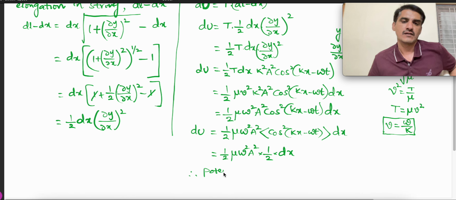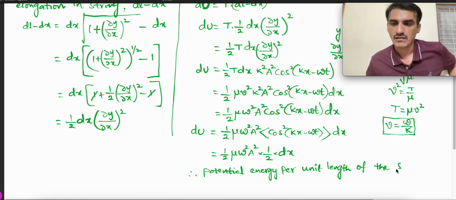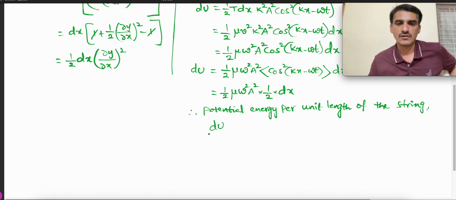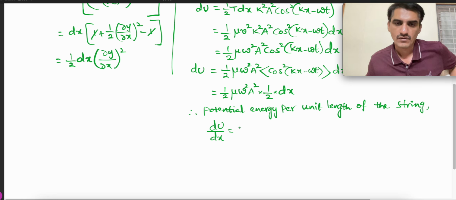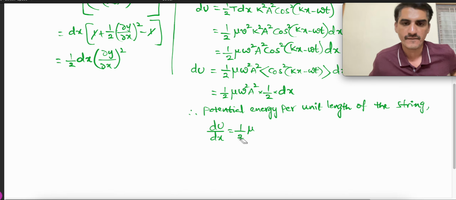Potential energy per unit length of the string, du by dx, is equal to half mu, no, it is not half, it is 1 by 4 mu omega square a square.